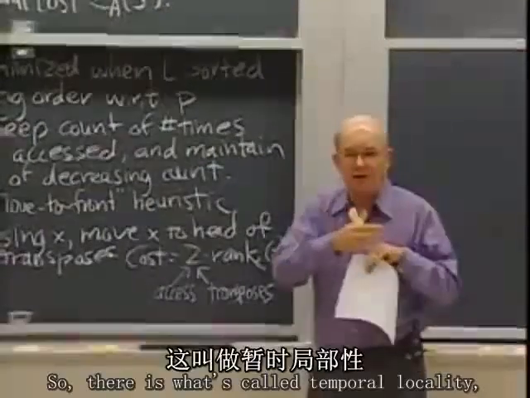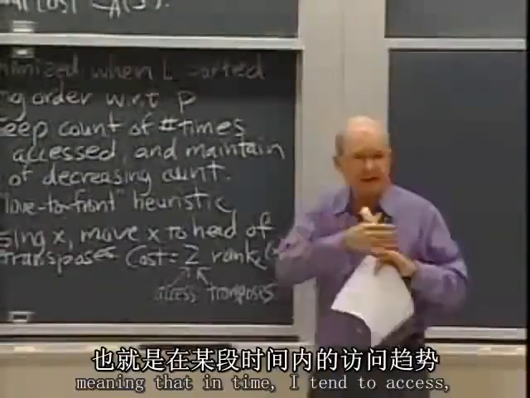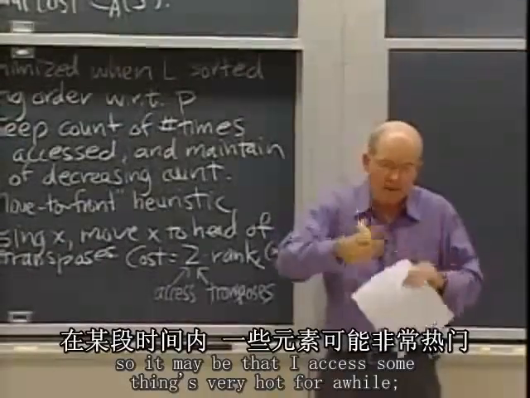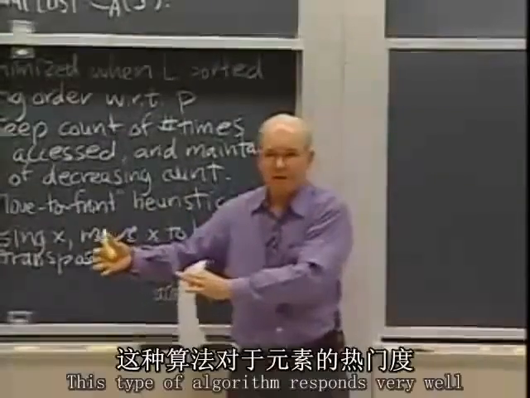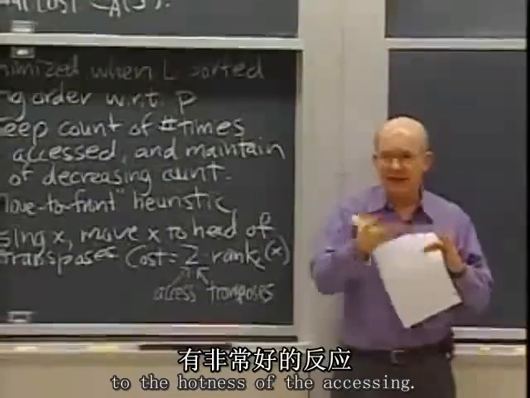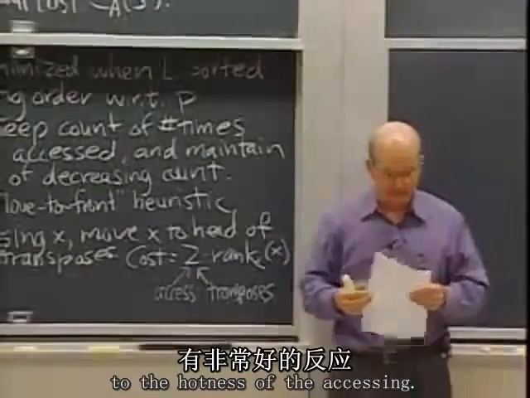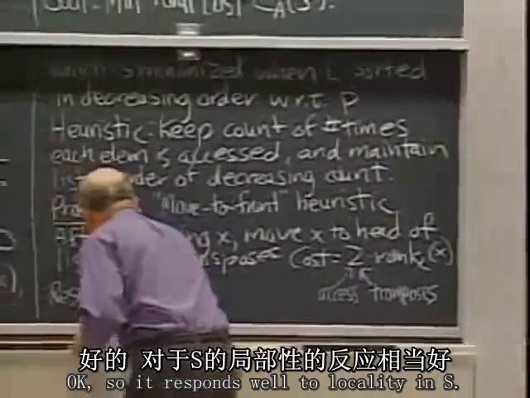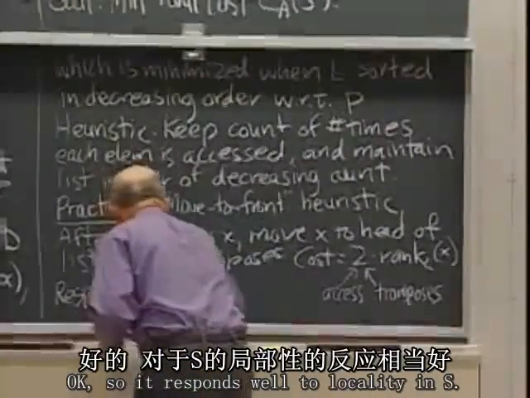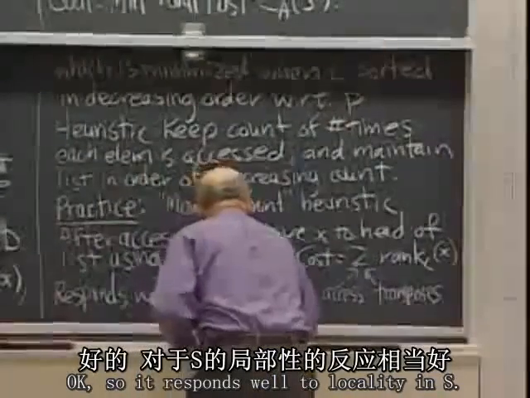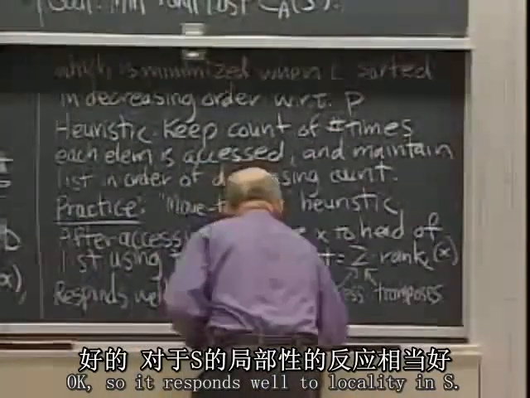So if there's what's called temporal locality, meaning that in time I tend to access things, it may be that I access something that's very hot for a while, then it gets very cold. This type of algorithm responds very well to the hotness of the accessing. Okay, so it responds well to locality.